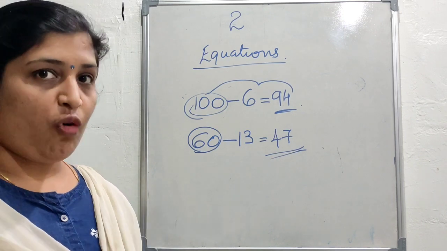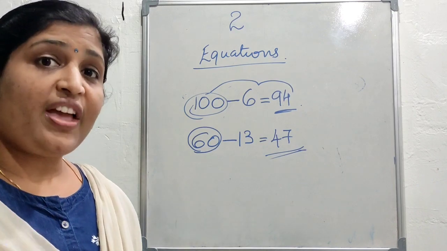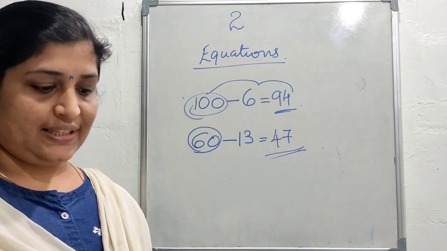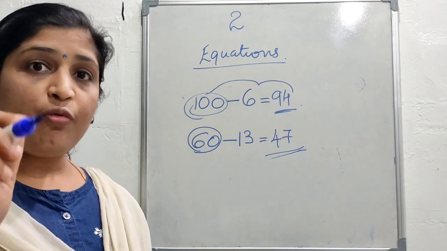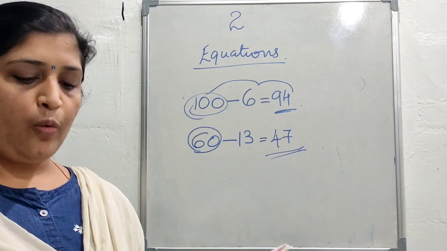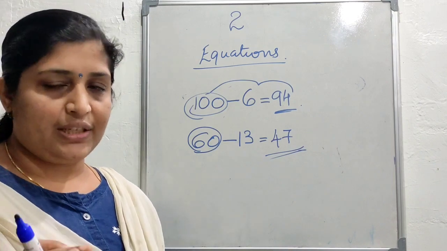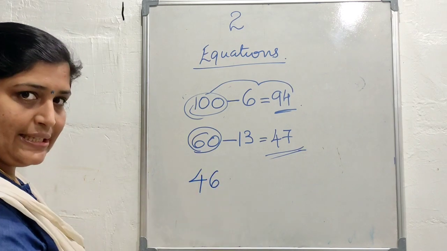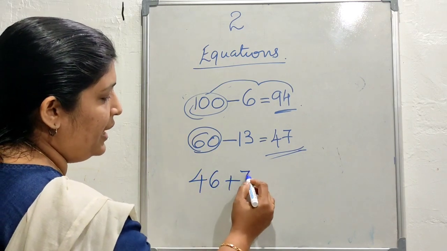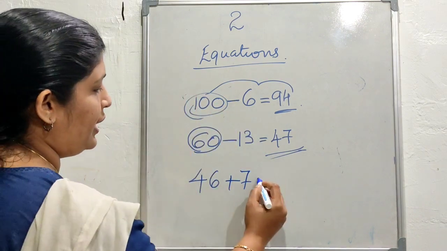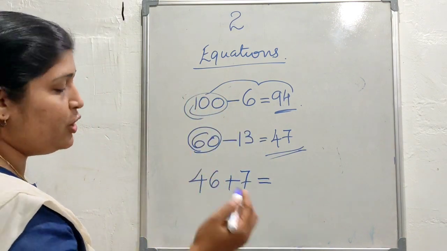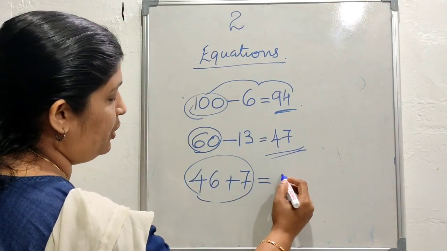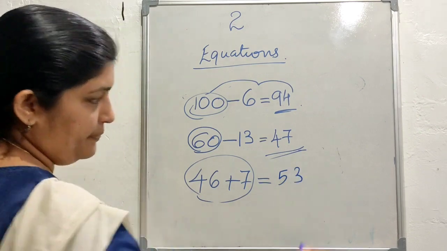Remaining bananas 46, thrown bananas 7. So total number of bananas in the bunch is 46 plus 7, that is equal to 53.